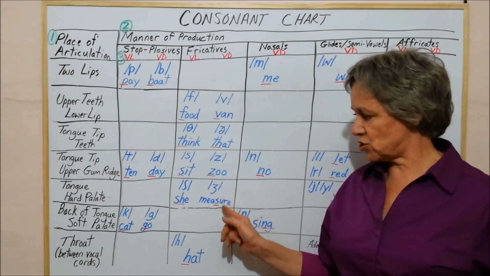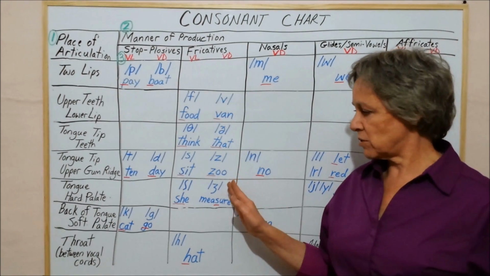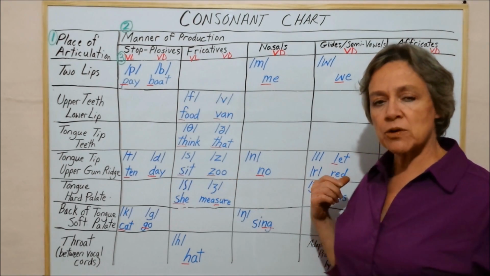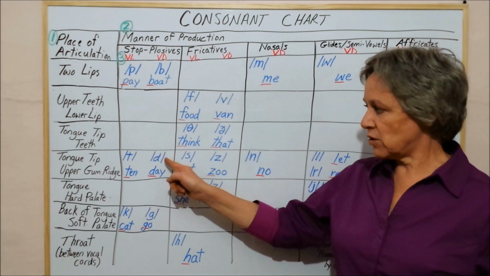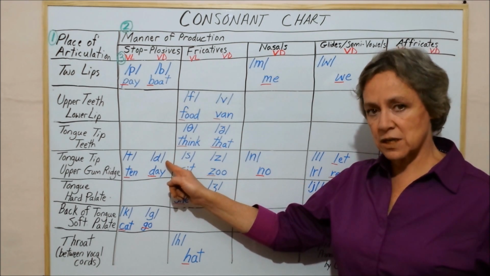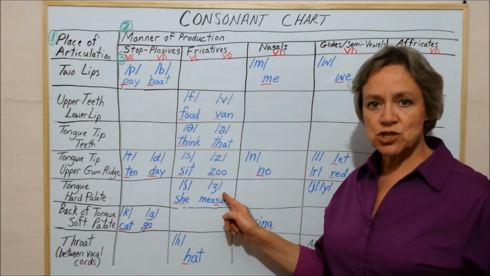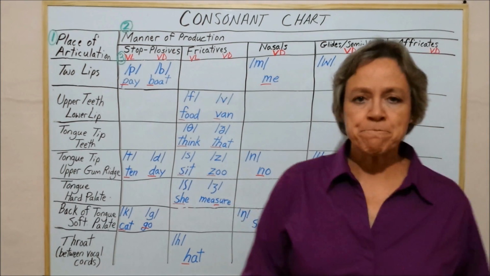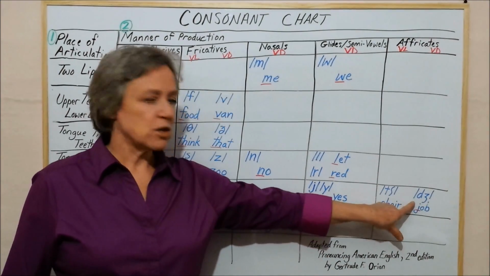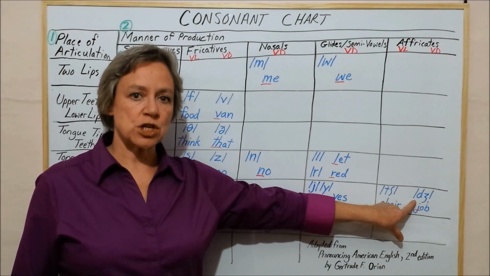That's also a voiced sound. So for the sound I'm talking about, j, we start with d, a little bit of a d sound, and move into the zh sound. Okay? So that gives us j.